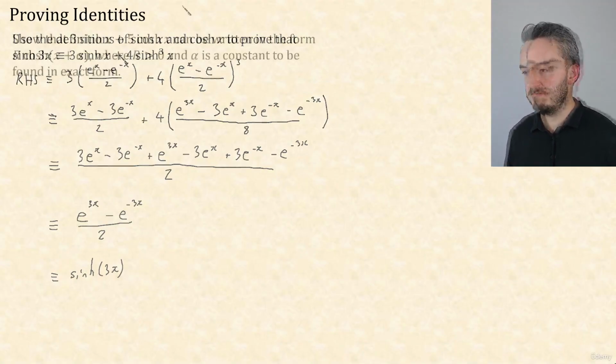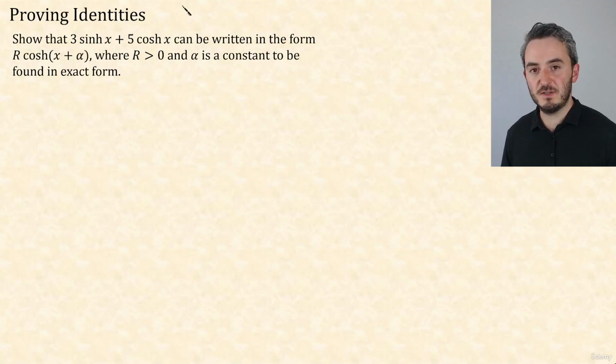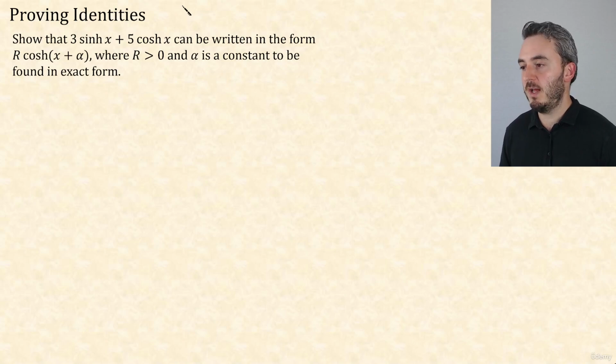Okay, let's have a look at this nice problem, which is basically an analogue of harmonic form in standard trig. Show that 3 sinh x plus 5 cosh x can be written in the form R cosh(x plus alpha), where R is greater than 0 and alpha is a constant to be found in exact form. We're going to approach this in much the same way as in standard trig. We're going to expand this using our cosh(A plus B) rule.